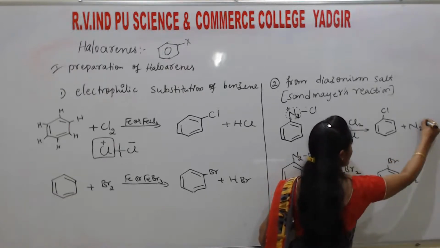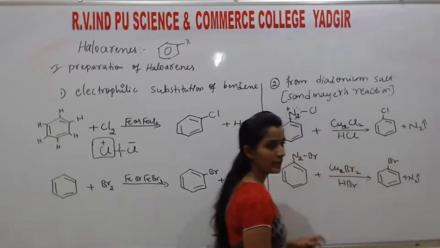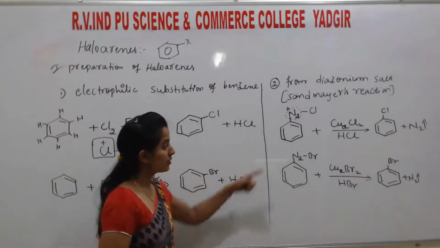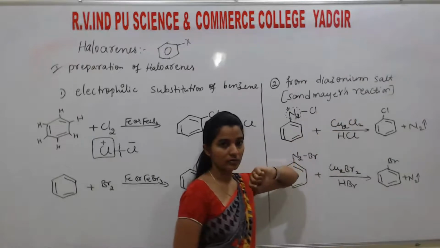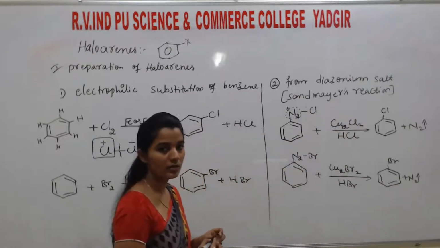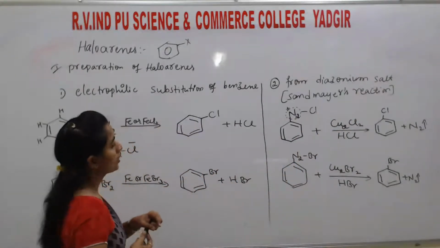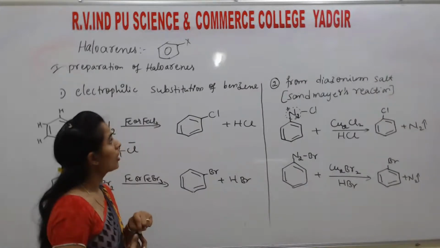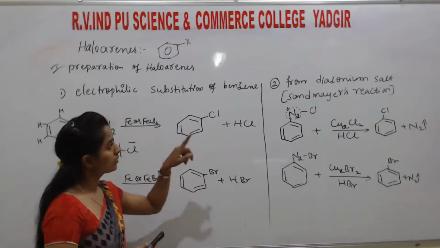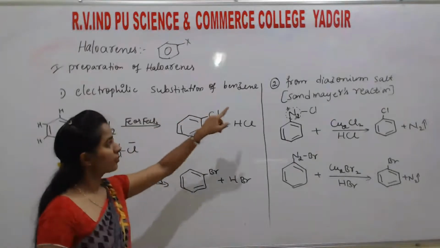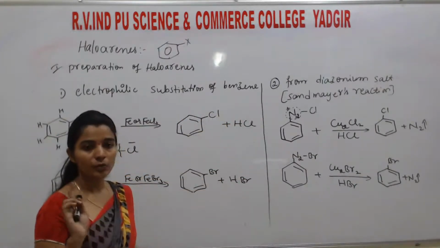So this nitrogen, being a gas, easily escapes. So this reaction is called the Sandmeyer reaction. Understand? So this is all about the preparation of haloarenes from electrophilic substitution of benzene and from diazonium salts. Only two preparations are there.